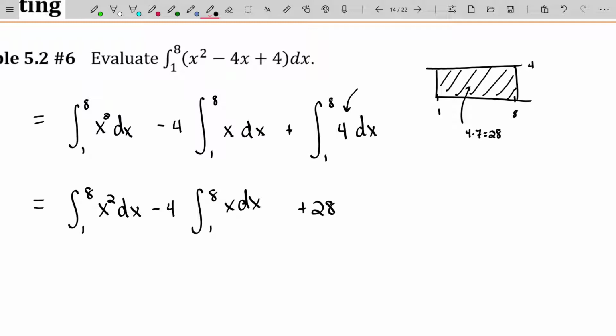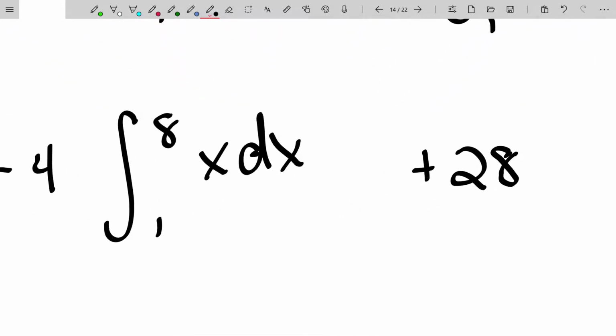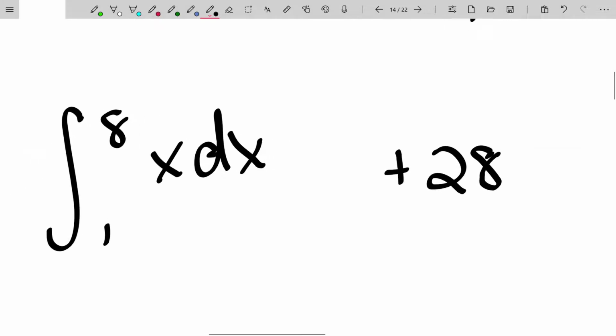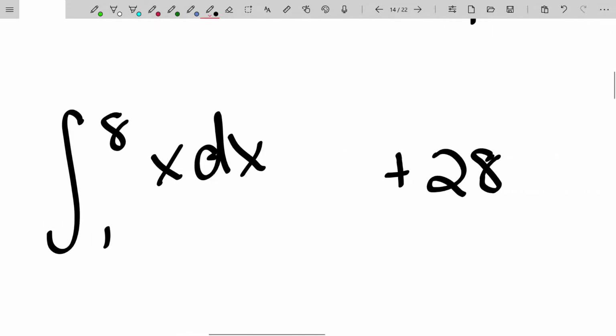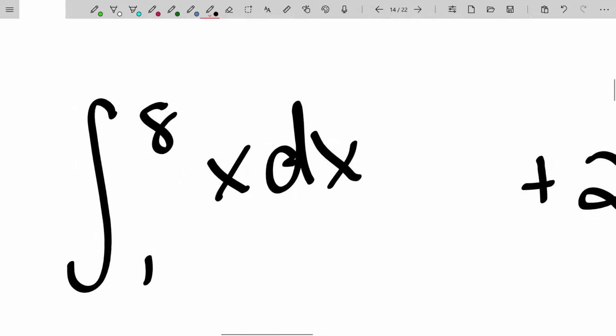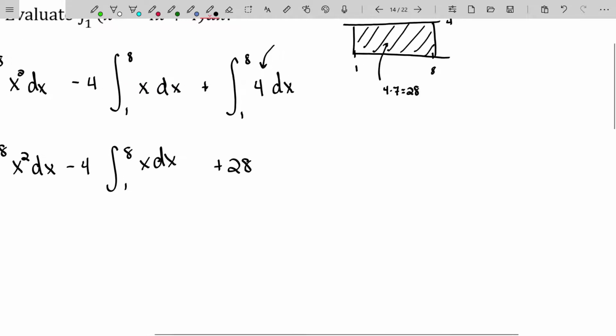But what else can we do to really speed up computations? Again, think geometrically. If you look at this integral right here, not the negative 4 times it, just look at the definite integral from 1 to 8 of x dx. Could you graph that easily?